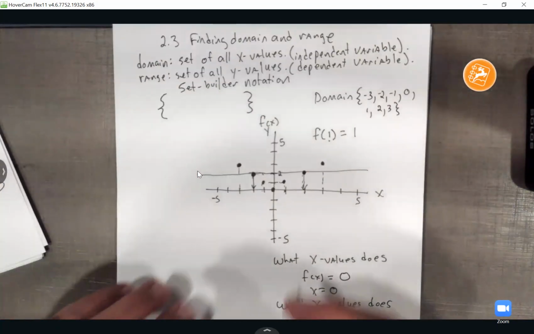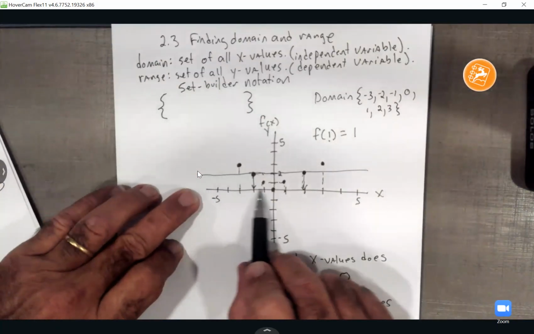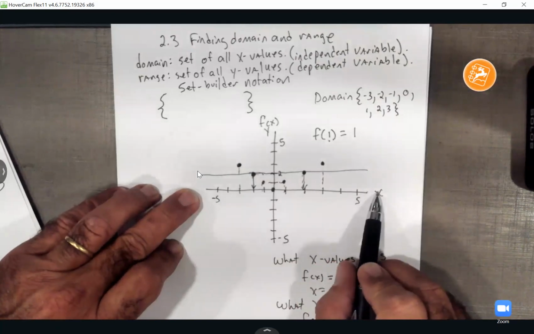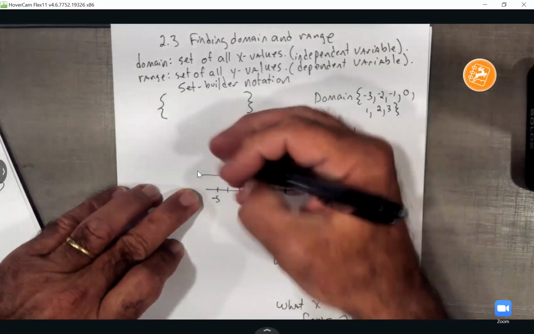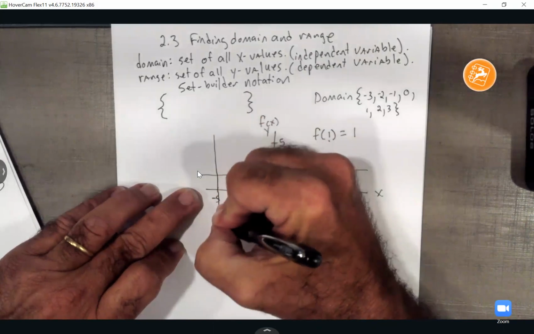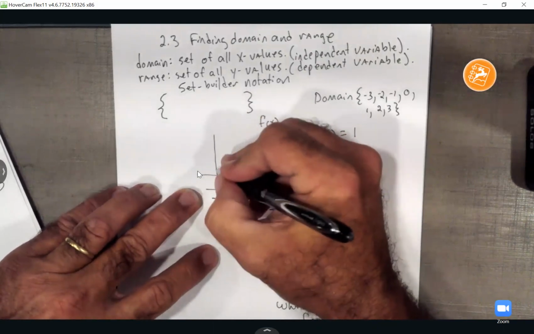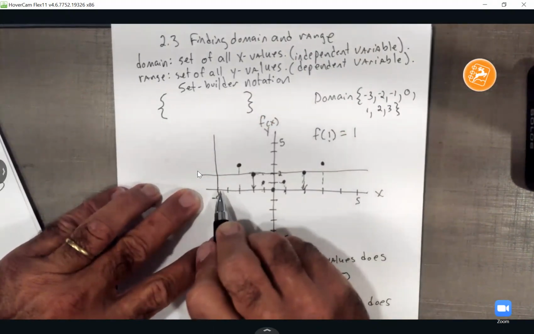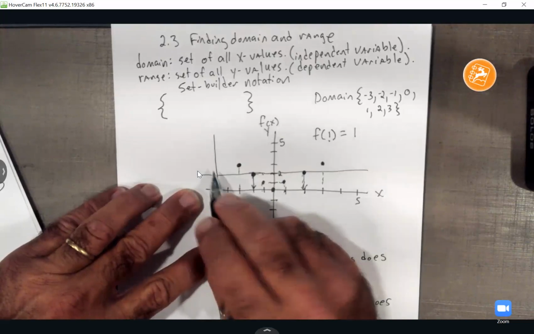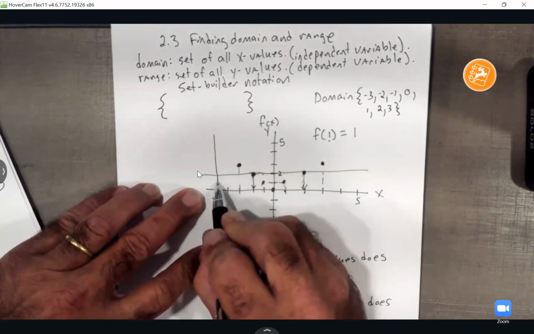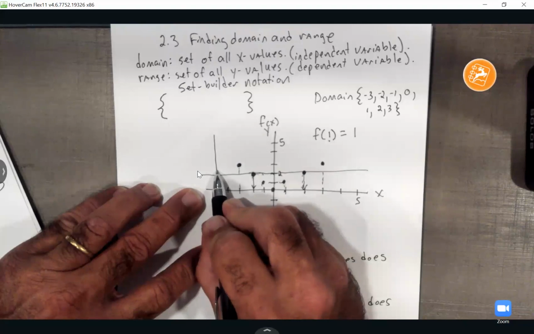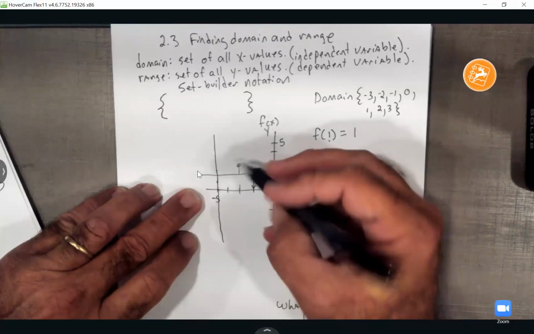Check this out. Although this X-axis is horizontal, all the X coordinates are straight up and down. Anything on this vertical line has an X value of -5, okay? This would be -5, 0, -5, 1, -5, 2, -5, 3, and so on.